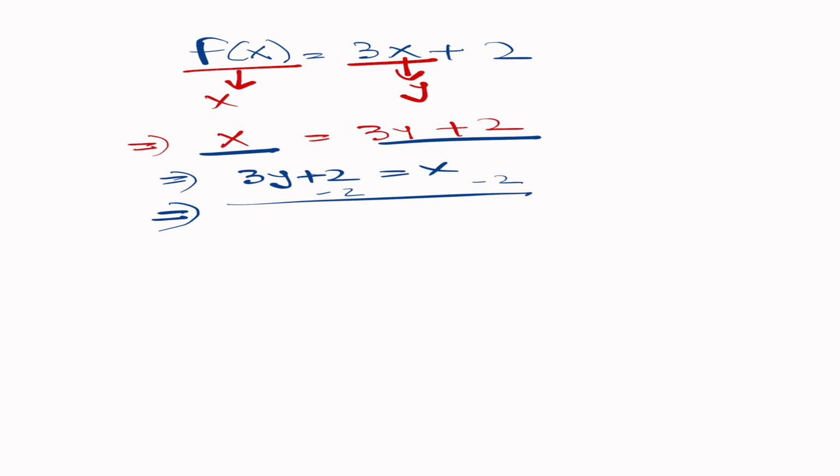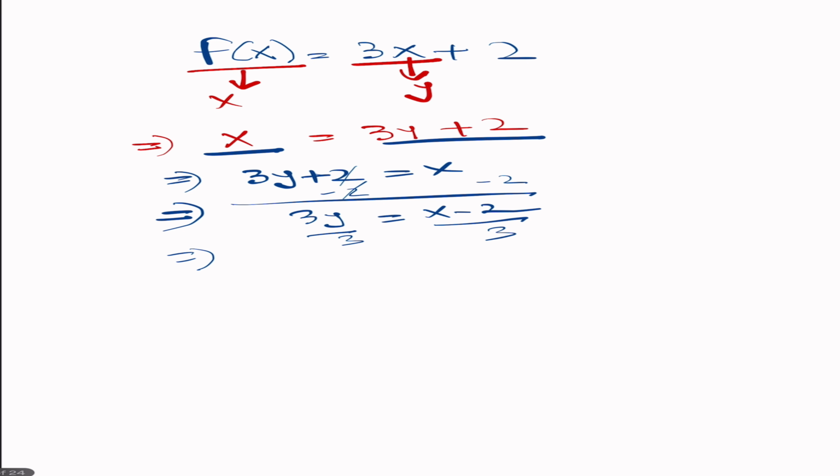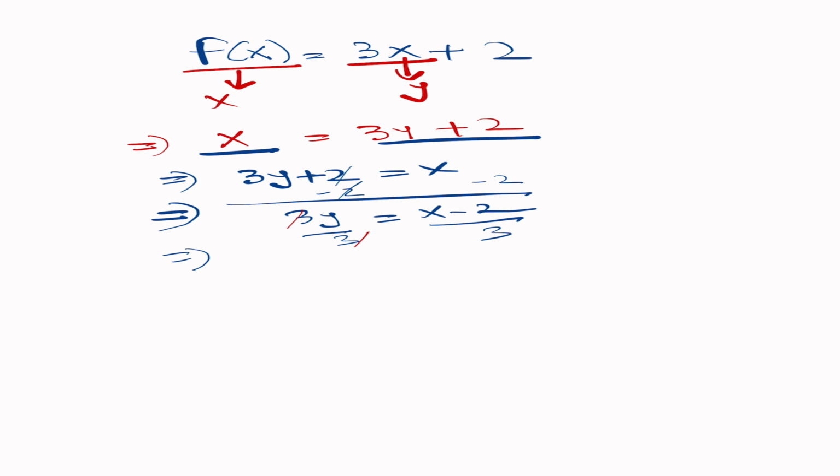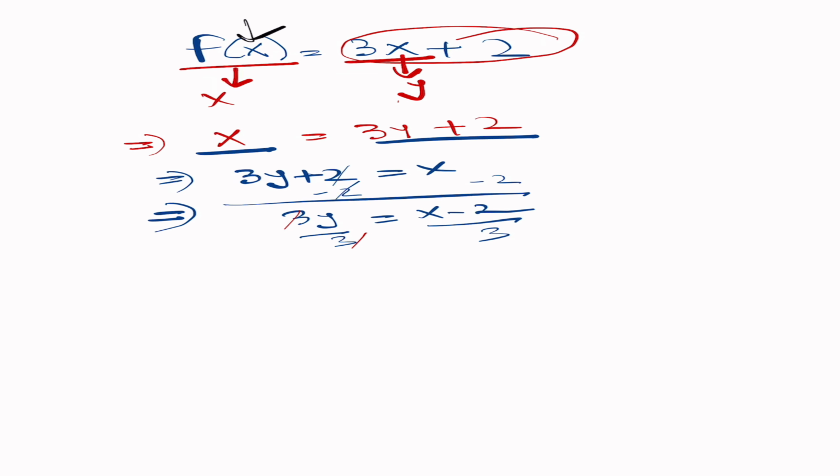This cancels out, and we get 3y equals x minus 2. Now we divide both sides by 3, so the 3 cancels out, and we get y equals x minus 2 divided by 3.